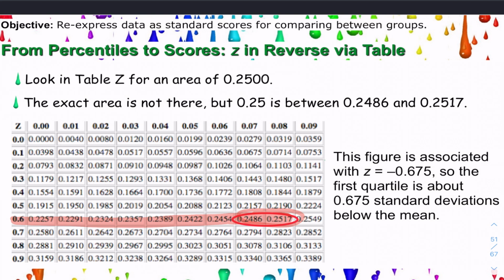So a percentage of 25% is associated with a z-score of negative 0.675. So the first quartile is about 0.675 standard deviations below the mean. Notice that negative implies below, B-E-L-O-W, just means negative z-score.